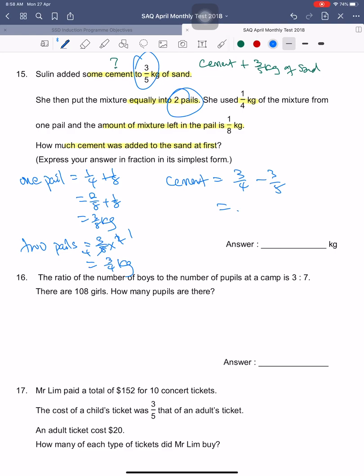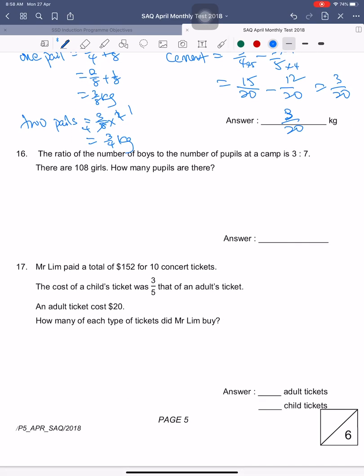The lowest common multiple of 4 and 5 is 20. 4 times 5, 3 times 5. 5 times 4, 3 times 4. So she added 3/20 kg of cement to the sand at first.